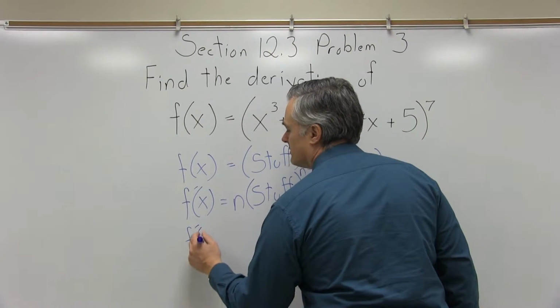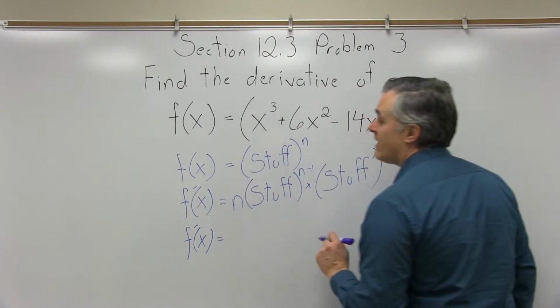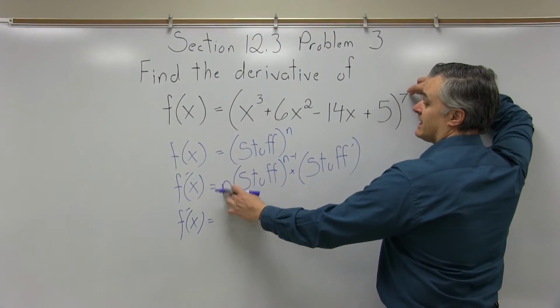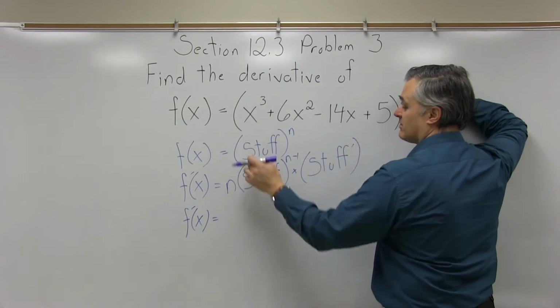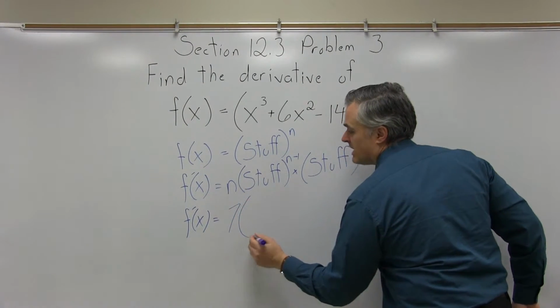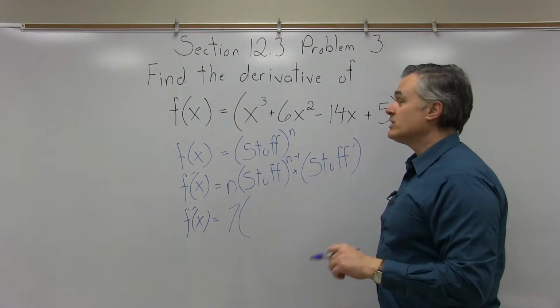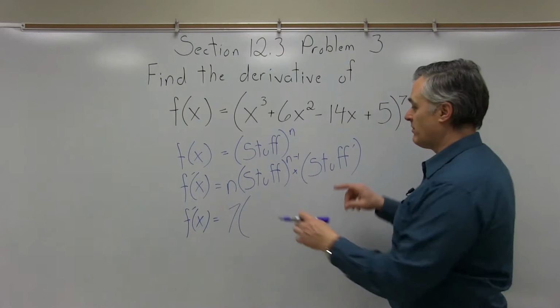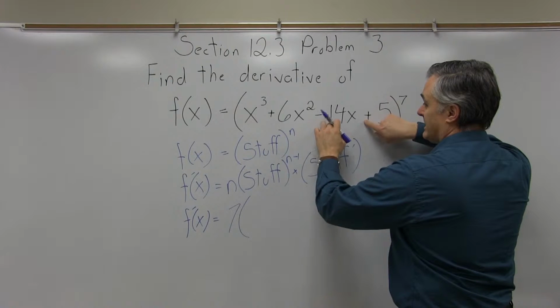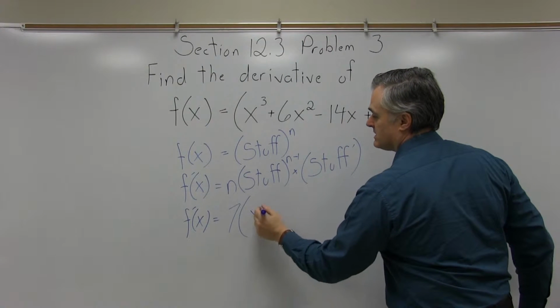Now, for this problem, f prime of x, the first thing we start with is the n, which in this case is 7. So that 7 is going to be the first thing I write. I'm going to put some parentheses. And inside the parentheses is going to go the stuff from the problem, x cubed plus 6x squared minus 14x plus 5. So I put that in the parentheses.